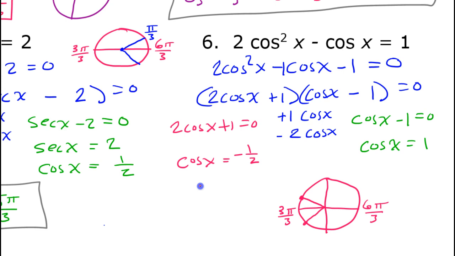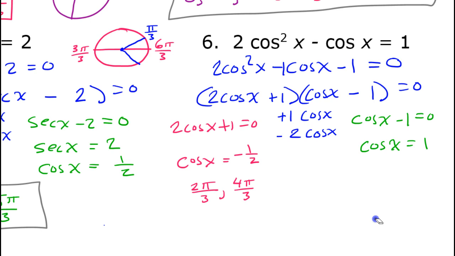So that's how I know that I will have 2 pi over 3 and 4 pi over 3. It's just before and after 3 pi over 3. So I don't normally draw this picture. That was just for instructional purposes, but you should be able to easily picture this in your mind because the numbers are so simple.